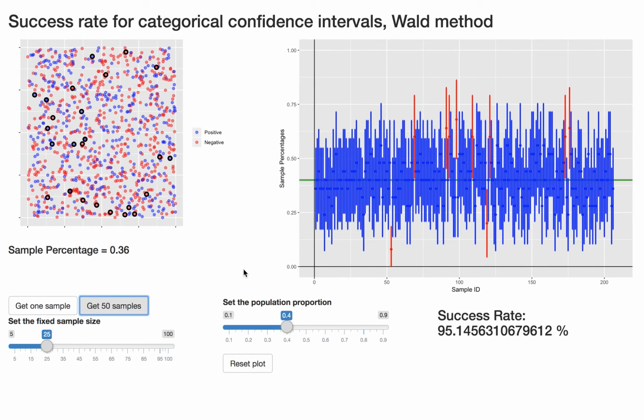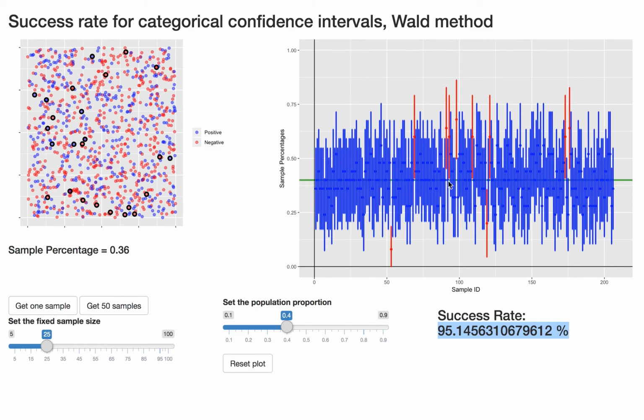However, you'll notice that having repeated a bunch of times, we do have a notion of a success rate. So thus far, 95% of the confidence intervals we did generate ended up overlapping with that population parameter, the population proportion.